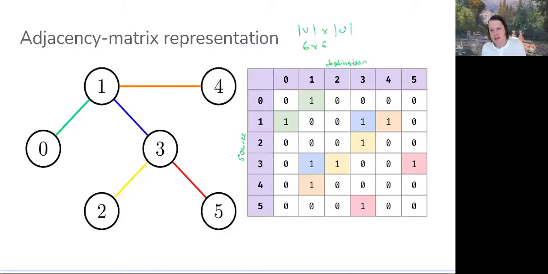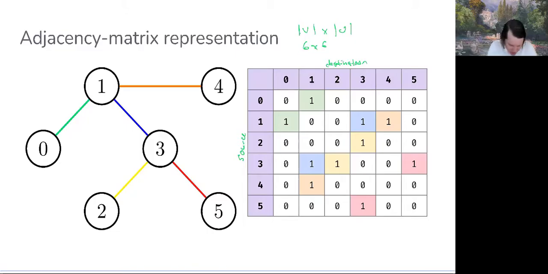So let's say we wanted to create a new edge between 0 and 1. We're dealing with an undirected graph. So the first thing is to say, okay, if 0 is the source and 1 is the destination, let's put a non-zero value at that location. So row 0, column 1, to signify that there is a connection between 0 and 1. However, because we're dealing with an undirected graph, we also need to show that there is a connection from the vertex labeled 1 to that of 0.